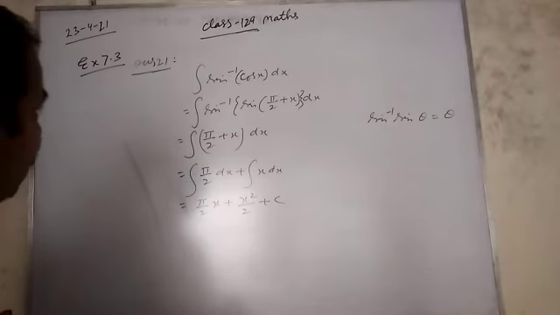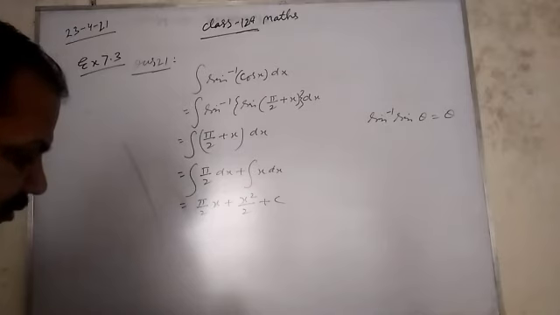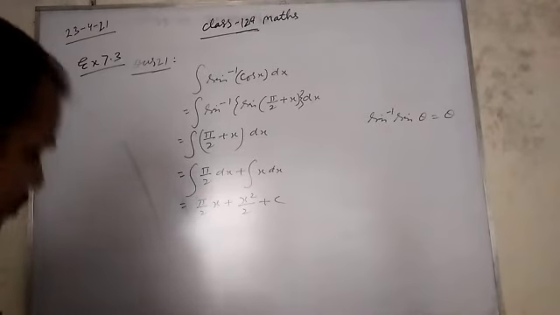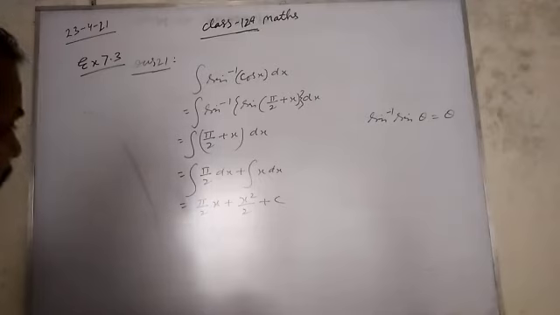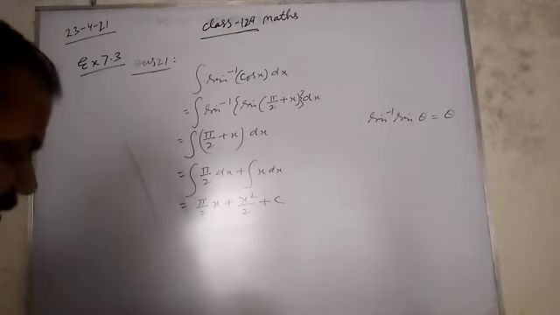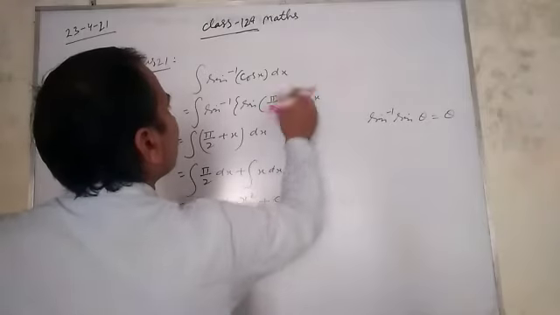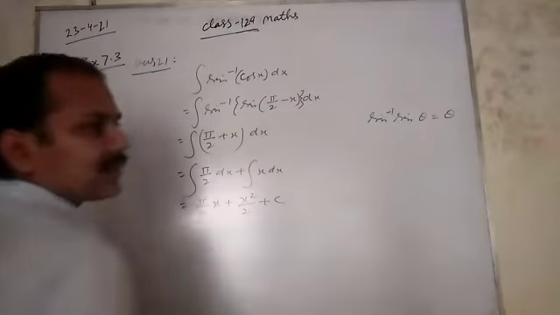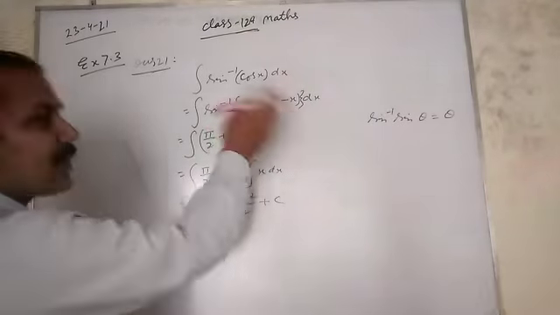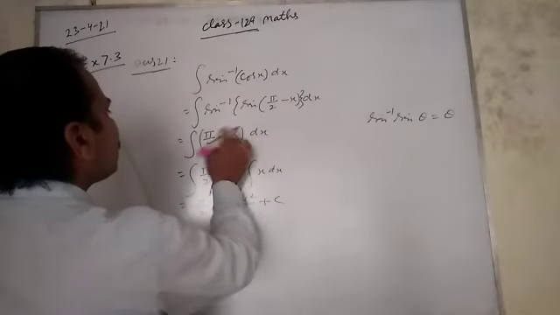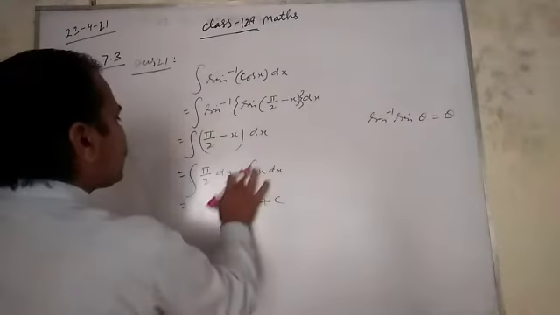Exercise 7.3, question number 21. The answer is pi x by 2 minus x square by 2 plus c. Also, you can use sin(90 minus theta) equals cos theta, and sin(90 plus theta) also.